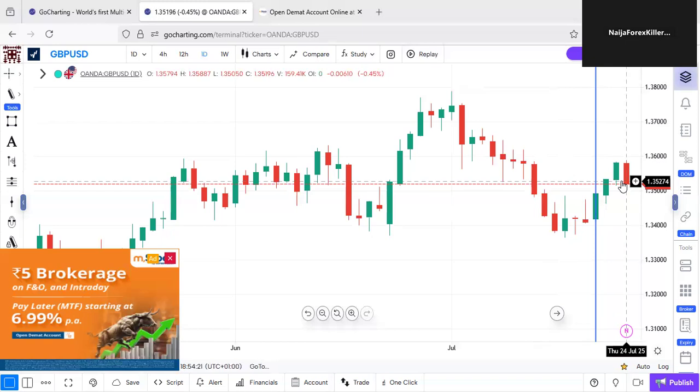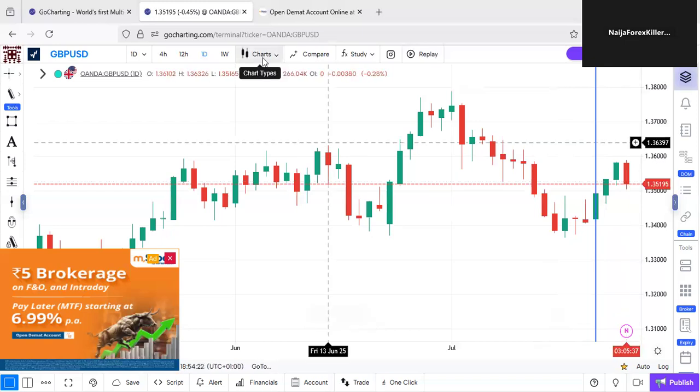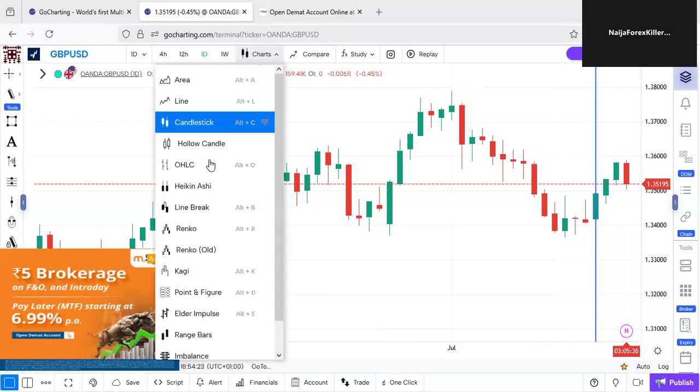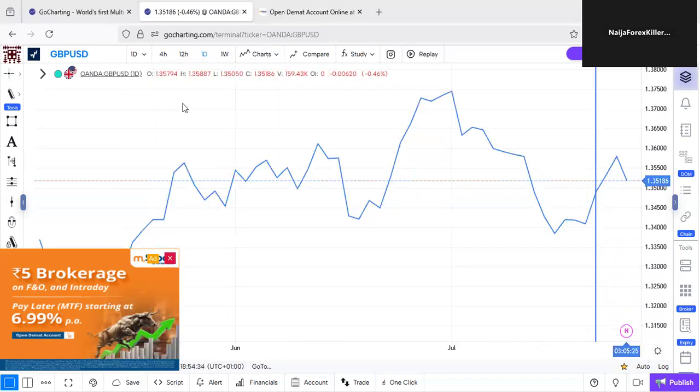So let me show you the line chart. This line chart is basically just lines that you'll be seeing. But why this line chart is important is because some people normally use it to identify what they call support and resistance.